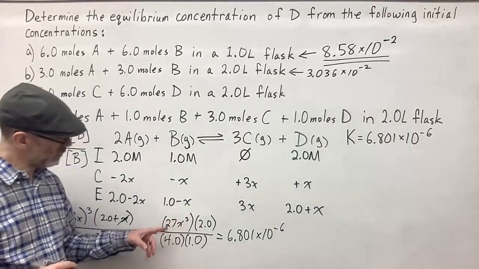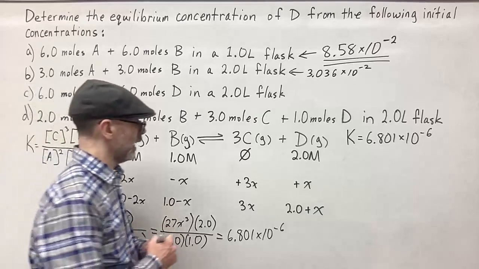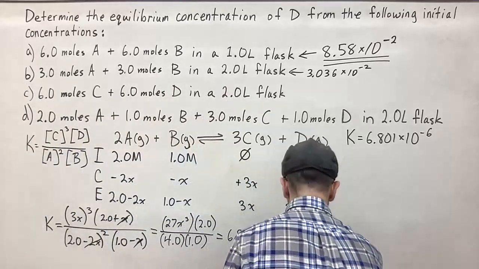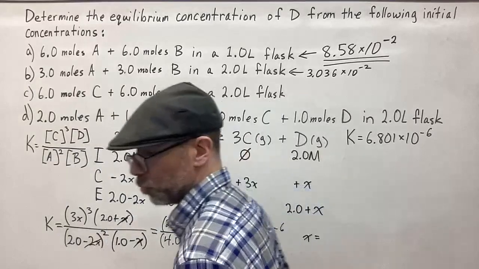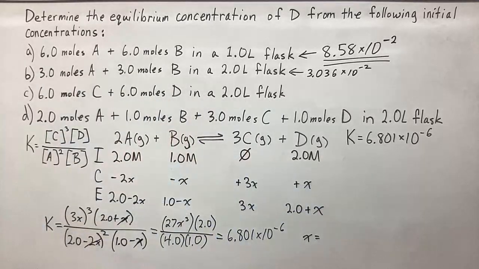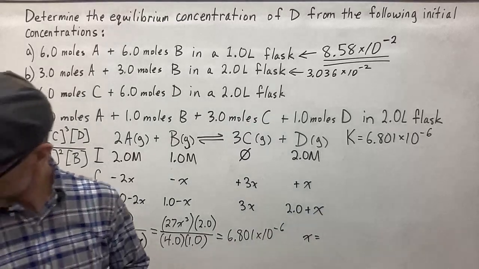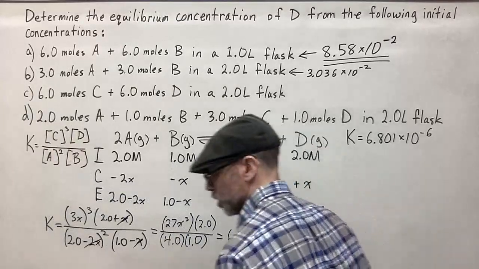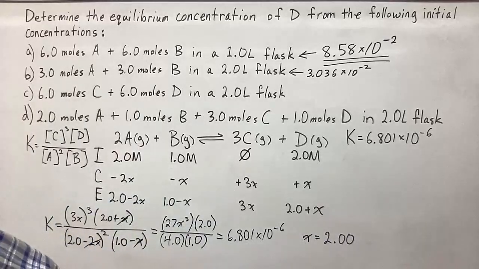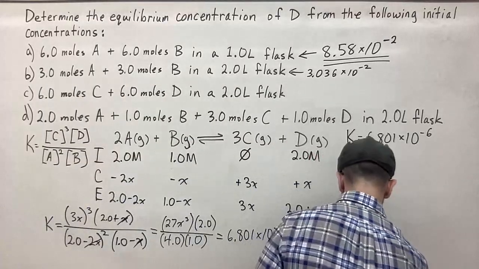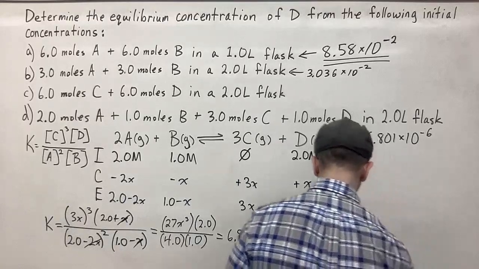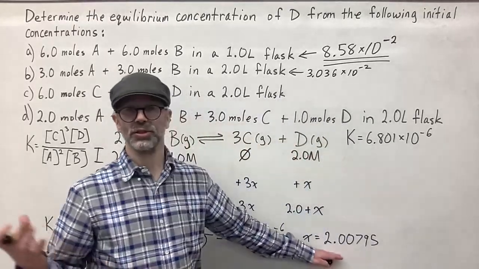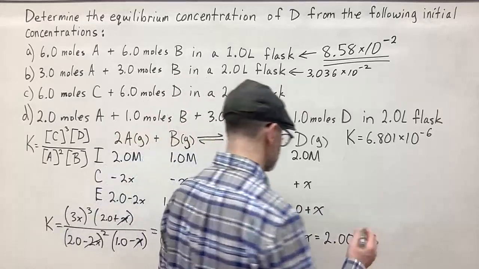So multiply, divide, take the cube root, and when you do that, you get x is equal to, what did I get? 2.00795, which if you round to 2 sig figs is going to be 2.